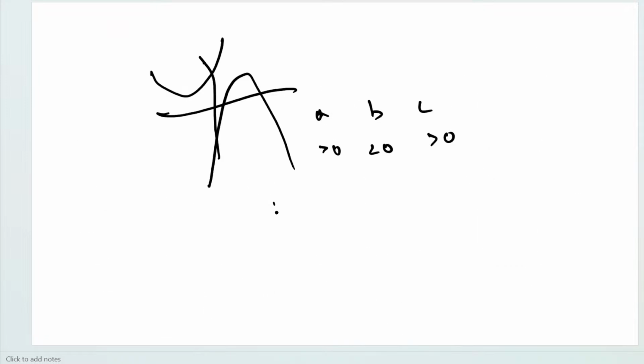Now, let's do this one. 2x square minus 3x plus 7. How does this look? Firstly, three things. First, is it facing up or down?